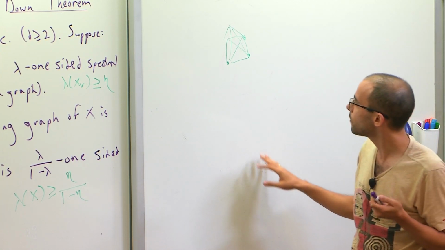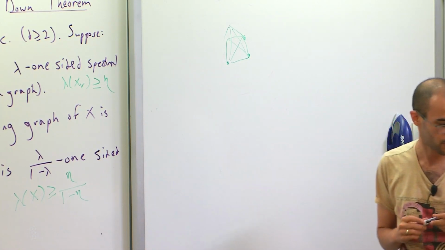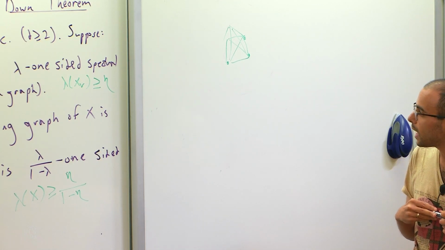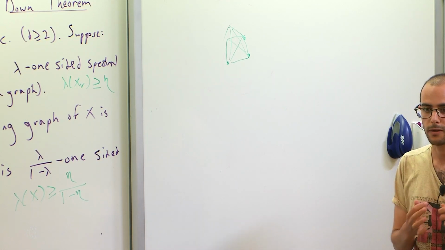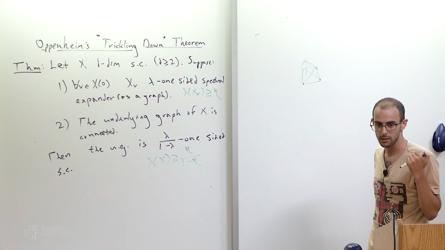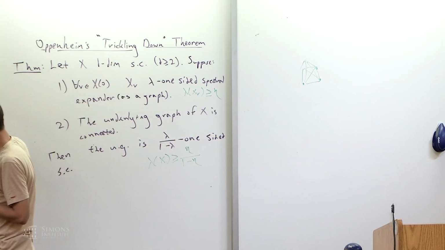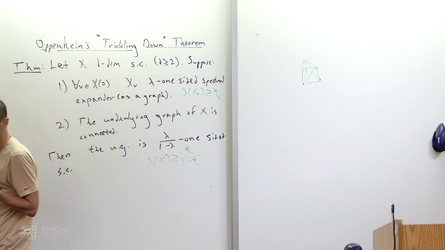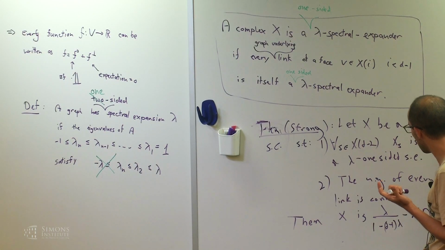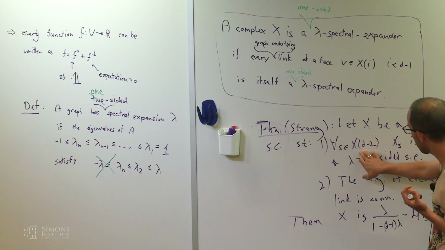I'll just say that this theorem again has a very nice proof, and I think for the proof alone it's good to dedicate a full hour. But I should say that this theorem also has applications as a tool in analyzing simplicial complexes themselves, because before this theorem was known, to show that some simplicial complex is actually a high-dimensional expander, you needed to look at the expansion in all the links.